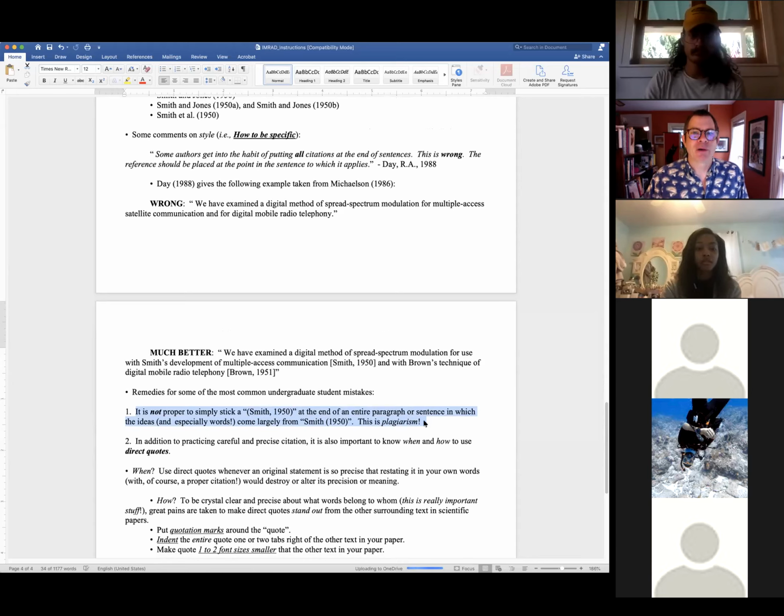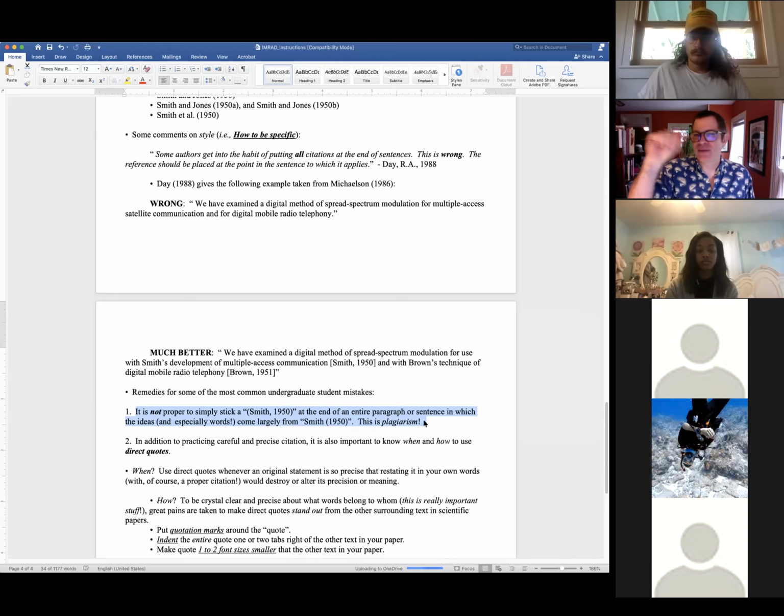If you have a whole paragraph, if I said, to make my worm burrow measurements, I followed the 5-step procedure from Smith et al., 1950, and then I say step 1, blah, blah, blah, step 2, blah, blah, blah, right? It's very clear to the reader that each of those 5 steps came from that source because I told the reader that is the source for these 5 steps. So I don't need to put Smith et al. 1950 behind each step because I've already told the reader explicitly that those steps came from that source.